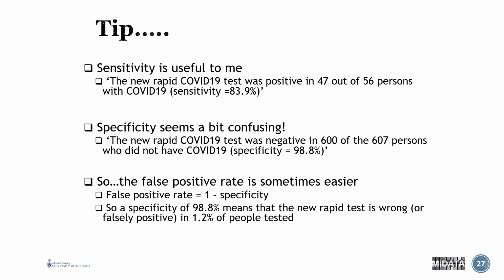Well, the false positive rate is sometimes easier to comprehend. The false positive rate is simply 1 minus the specificity. So a specificity of 98.8% means that the new rapid COVID-19 test is wrong or falsely positive in 1.2% of people tested.